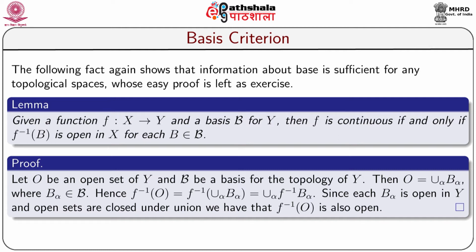That means O can be expressed as the union of B alpha, where each B alpha is a basis element. Hence, f inverse O is equal to f inverse of the union of B alpha, which is equal to the union of f inverse B alpha, as inverse mapping behaves well under union. Since each B alpha is open in Y and open sets are closed under arbitrary union, we have that f inverse O is also open.